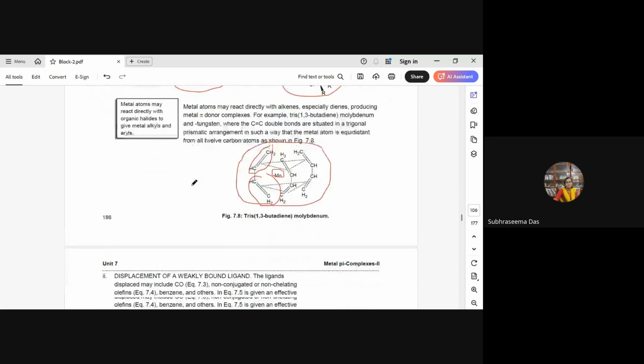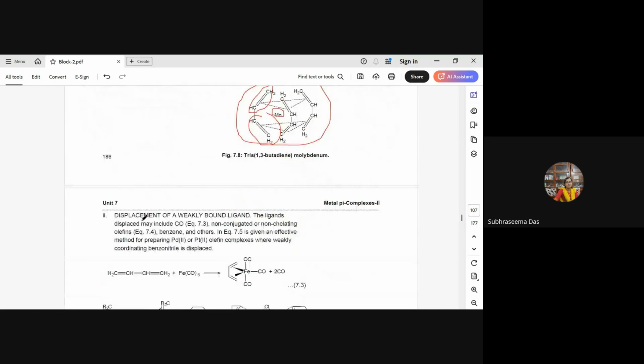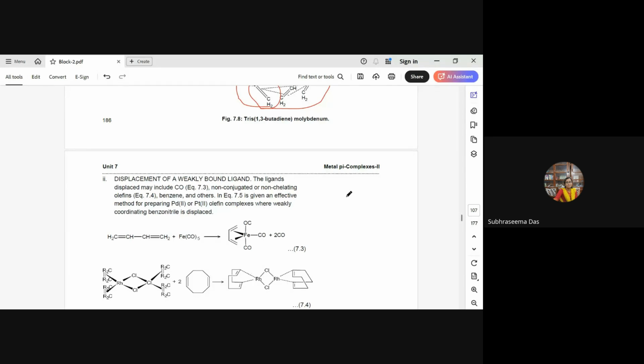Then the second method of preparation of alkene complexes is the displacement of a weakly bound ligand. The displaced ligands may include CO, non-conjugated or non-chelating olefins. Here in equation 7.5, an effective method for preparing palladium or platinum olefin complexes has been shown.